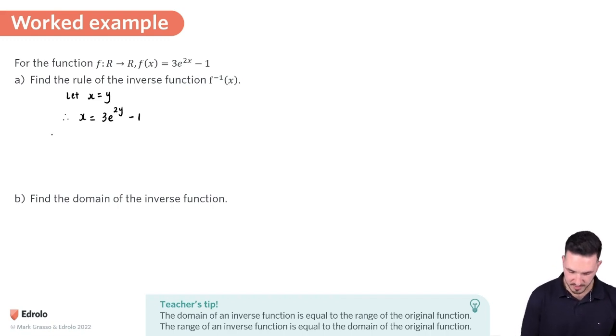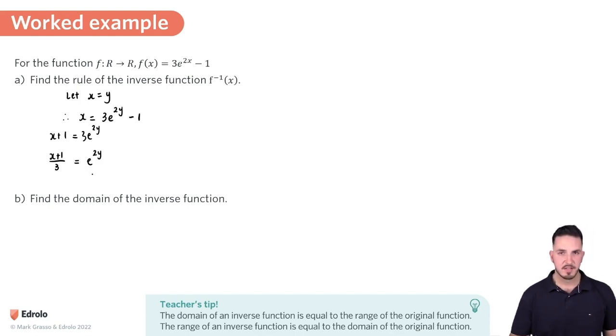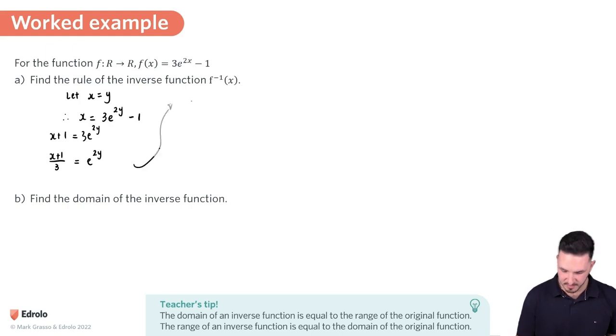So add 1 to both sides. So it's x plus 1 equals 3e to the 2y. Divide both sides by 3. So x plus 1 divided by 3 equals e to the 2y. To undo that exponential, we take the log e of both sides. So therefore we're going to have 2y equals log e of (x plus 1) over 3.